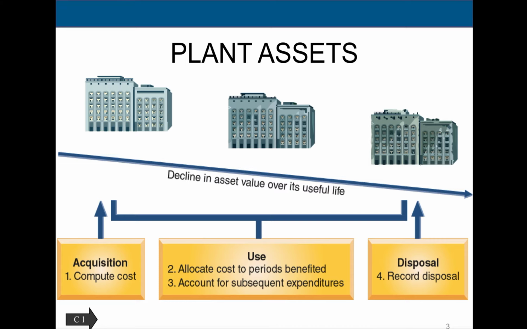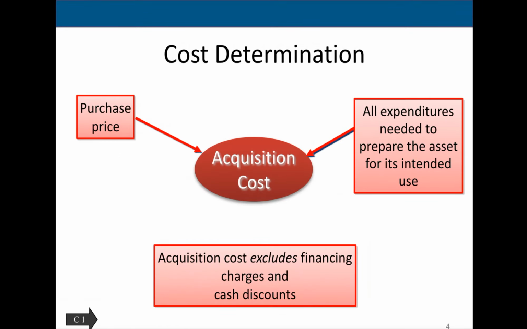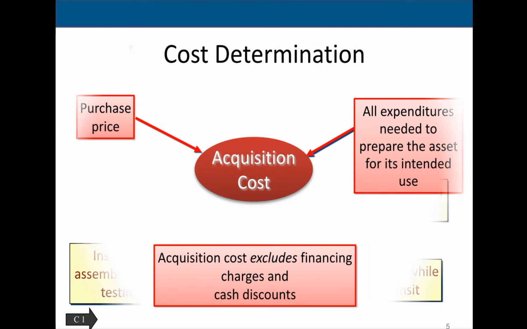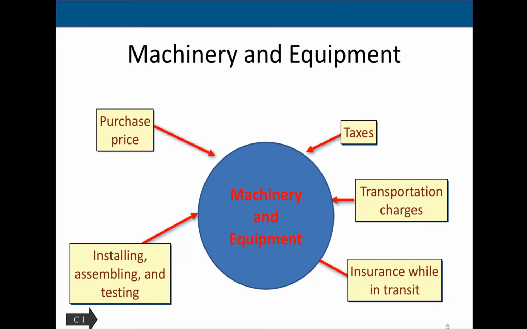But first, going back to these three time periods, the first thing we need to figure out is how much cost goes into this acquisition point. How much dollar value do I record within the actual asset category that we're talking about? So it's easier to look at if we look at a specific category of assets. So you've got machinery and equipment.